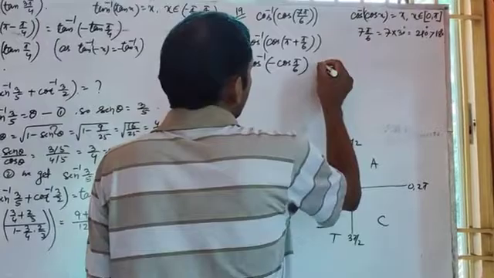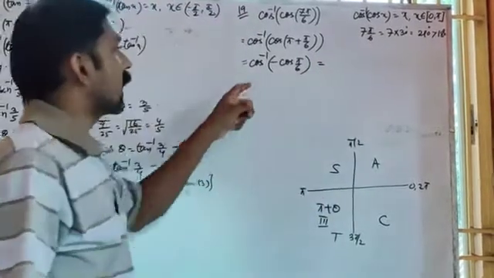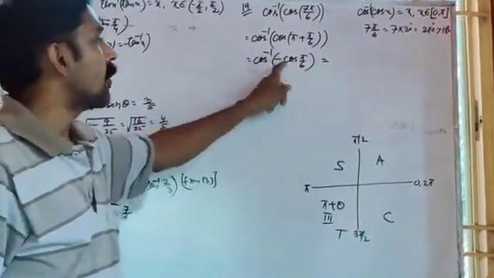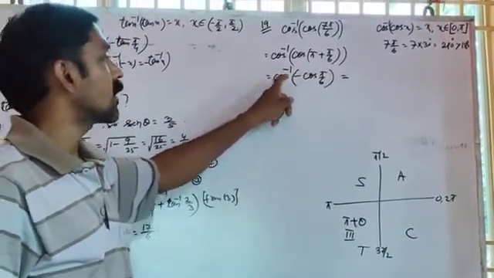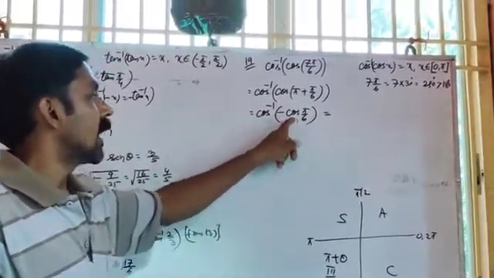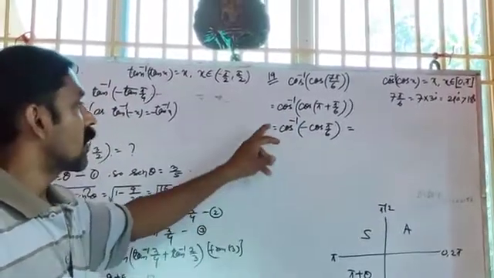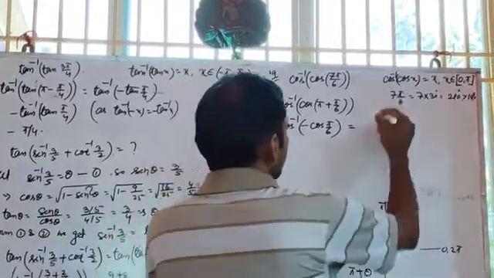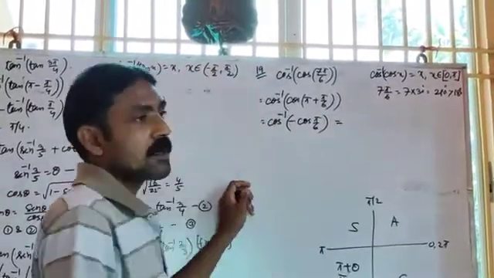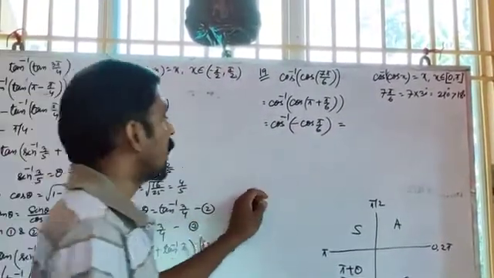Now this is equal to, again in which form? Cos inverse of minus cos x. Cos inverse of minus x, where x is cos pi by 6. So cos inverse of minus x is how much? It is pi minus cos inverse x.